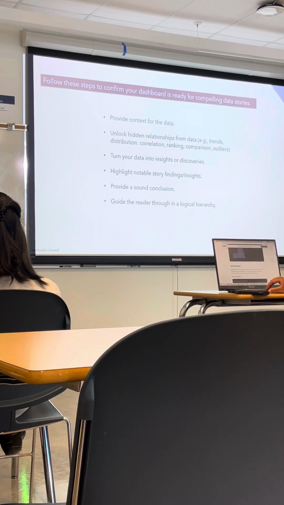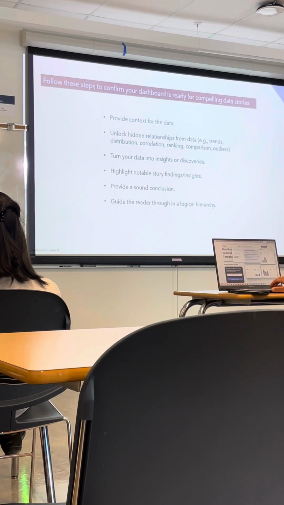So if you think your dashboard is ready, or you doubt it if it's not ready, you can go through and check by asking yourself: when you have your data, do I have the context for my audience to understand that?